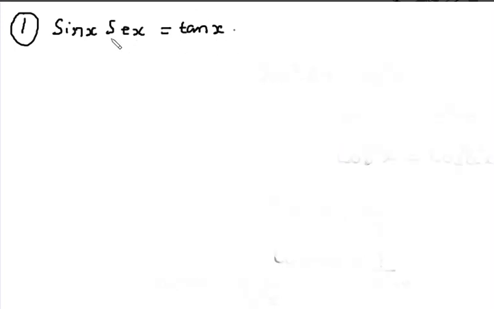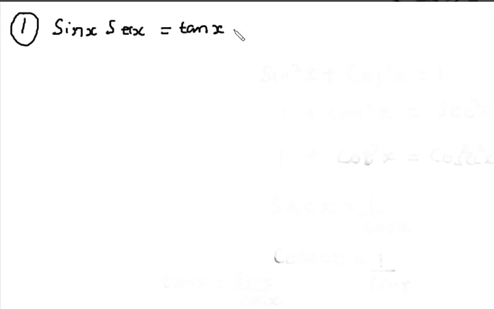Before we pick a side, me personally, I like picking the left hand side of my equation and trying to verify the right hand side. You can pick any side and try to make it look like the other side. This is sec x.